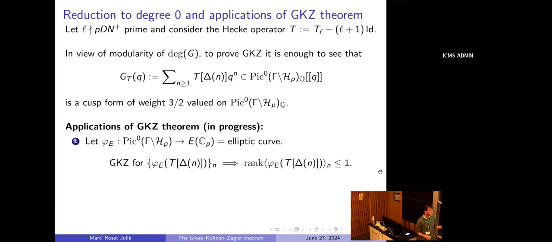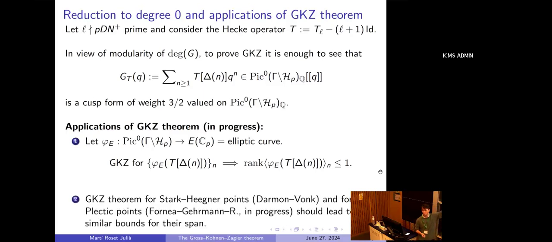And by the time of Gross-Kohnen-Zagier, this was quite important because by that time, just a bit before, Gross-Zagier had proven the Gross-Zagier formula that was saying that if an elliptic curve has analytic rank 1, then we can produce a rational point using Heegner points that are non-torsion. But then they were a bit afraid because this construction of Heegner points works for a lot of different values of n.